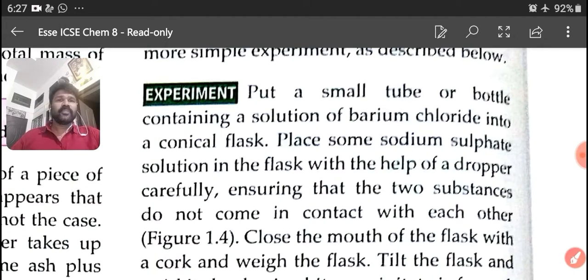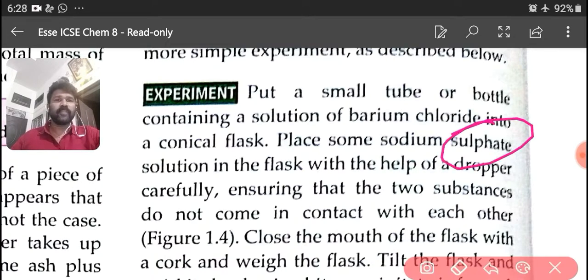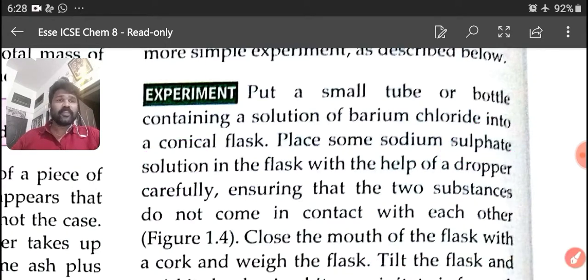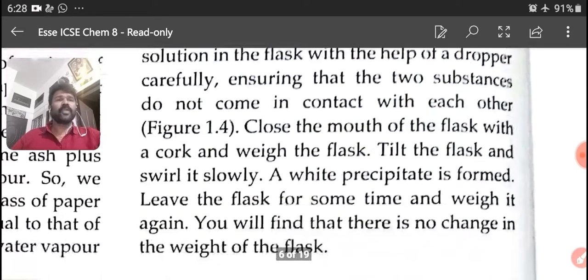Place some sodium sulfate solution in the flask with the help of a dropper carefully, ensuring that the two substances, sodium sulfate solution and barium chloride, do not come in contact with each other. Close the mouth of the flask with a cork and weigh the flask.